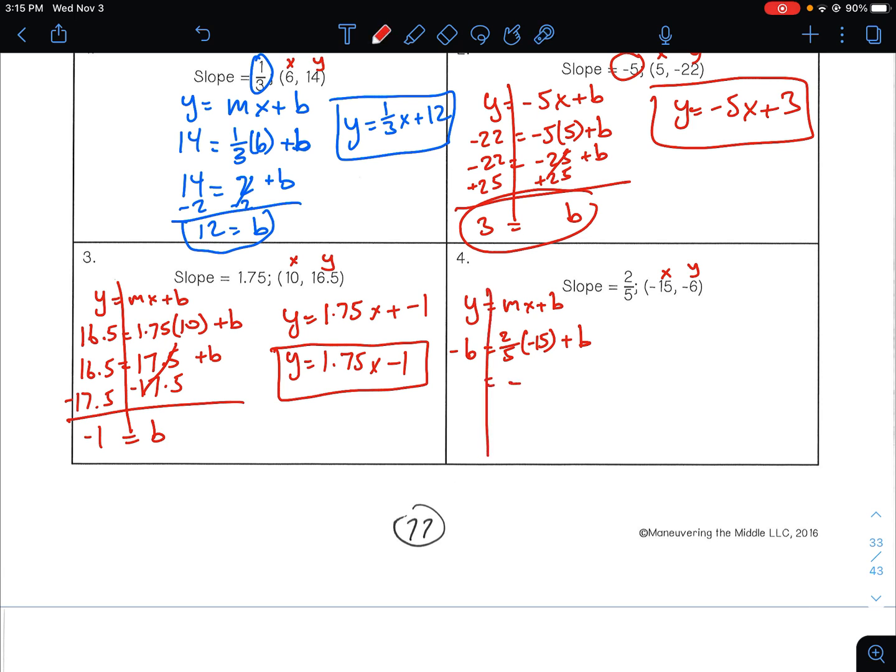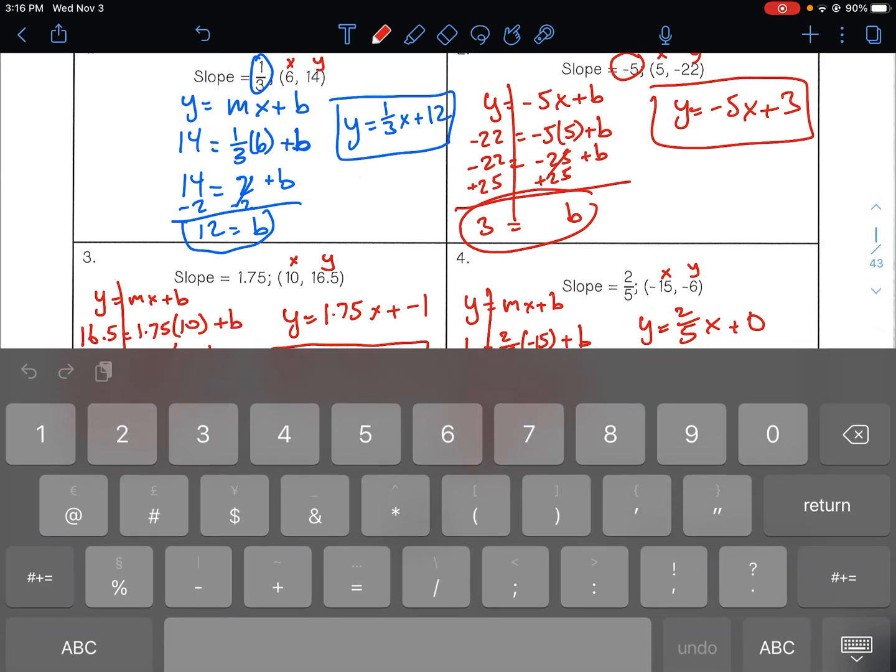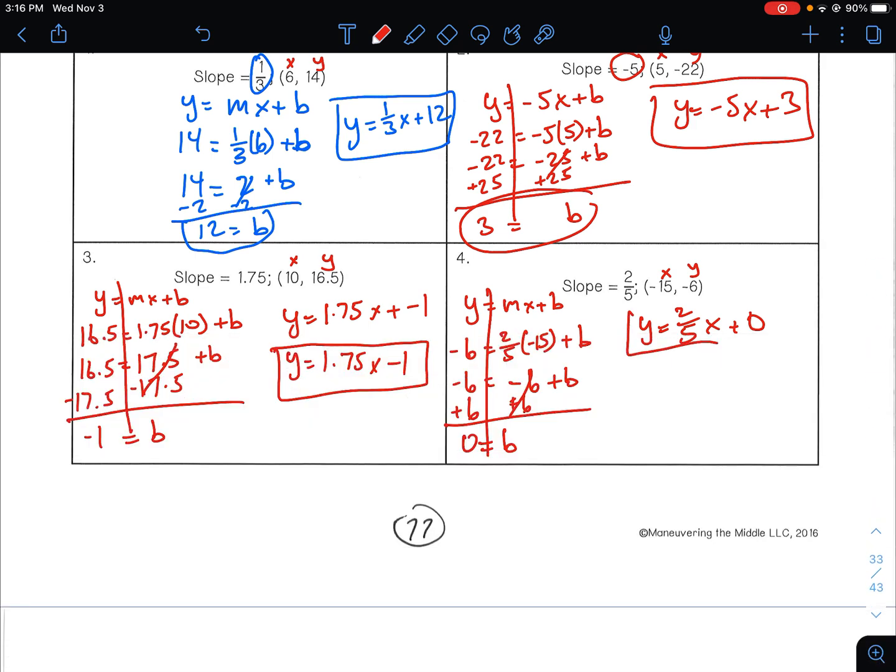So multiply by the top, divide by the bottom. 2 times 15 is 30. 30 divided by 5 is 6. So -6 equals -6 plus b. I need to get rid of this -6 by adding 6 to both sides. Add 6 over there, and that cancels out. So b equals 0. So I can say y equals slope x plus 0, but there's no reason to write the plus 0, so our equation is y equals 2/5 x.